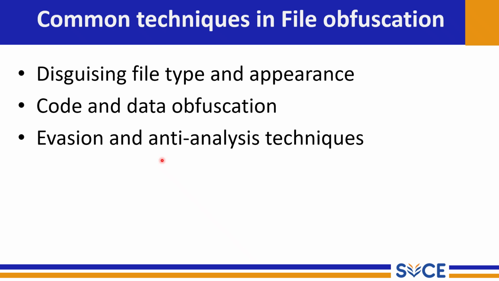The first one, anti-debugging. The code contains logic to detect if it is running in a debugger or a sandbox. If it detects an analysis environment, it may stop executing or change behavior to appear harmless.